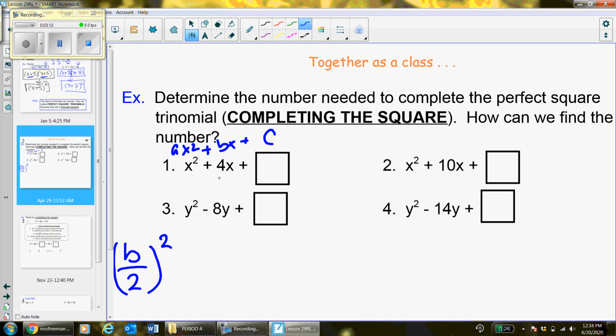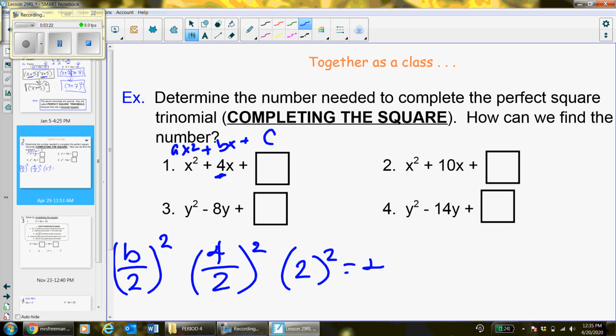All right, so your b here is 4. So you're going to do 4 divided by 2 squared. 4 divided by 2 is 2. 2 squared is 4. So 4 is what goes here. In question 2, you have x squared plus 10x plus blank.